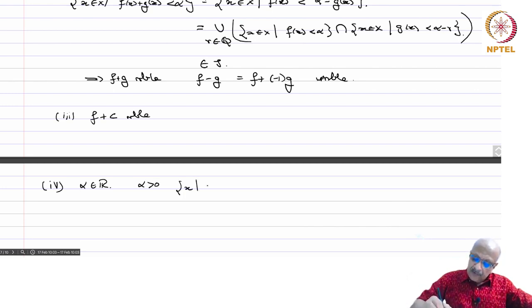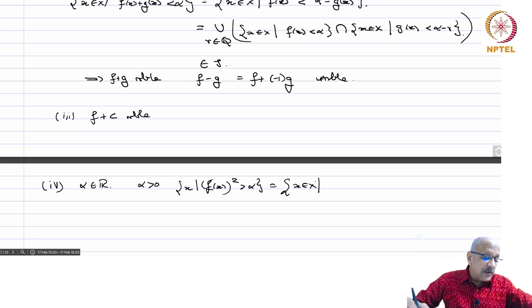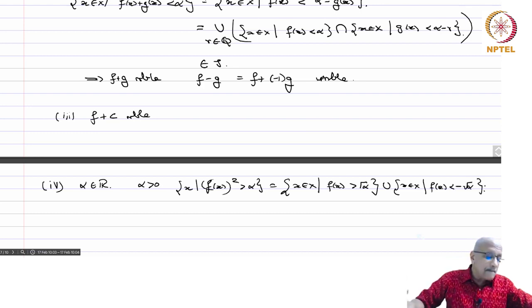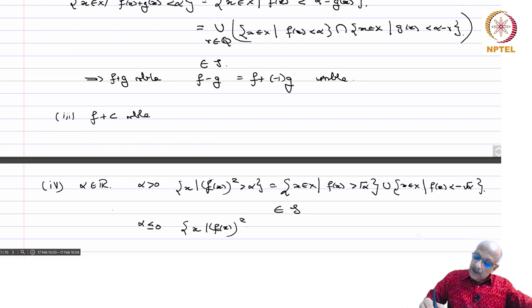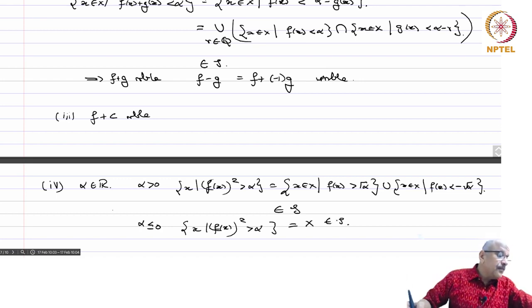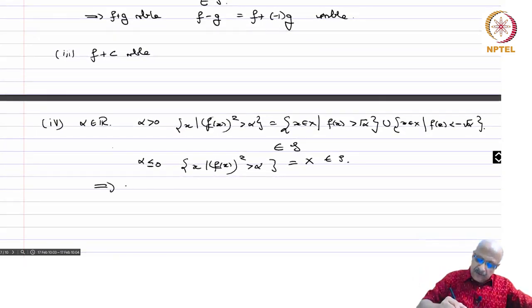So the set of all x such that f squared of x is bigger than alpha is equal to the set of all x in X such that f(x) is bigger than root alpha, or x in X such that f(x) is less than minus root alpha, and therefore this will belong to S. If alpha is less than or equal to 0, the set of all x such that f squared of x is bigger than alpha is the whole of X, which belongs to S. And therefore from this we deduce that f squared is measurable.